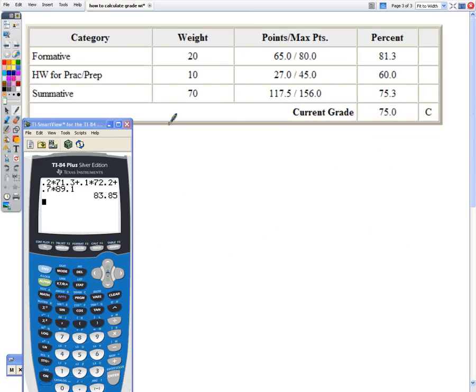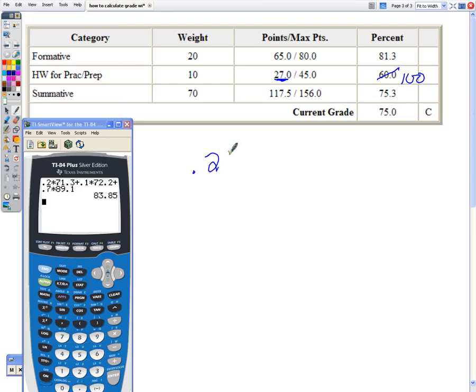Okay, now this is a different student's breakdown, and we see that their formative percent is a B, their homework is a D, and their summative is a C. Now let's say this student is saying, well, what if I had done all of my homework? What would my grade have been? So that means this would be 100%.